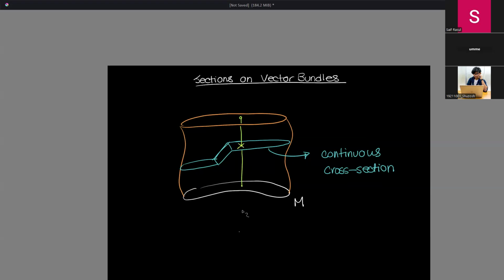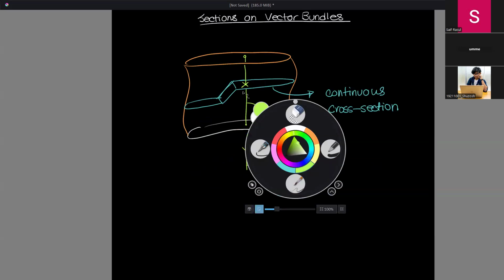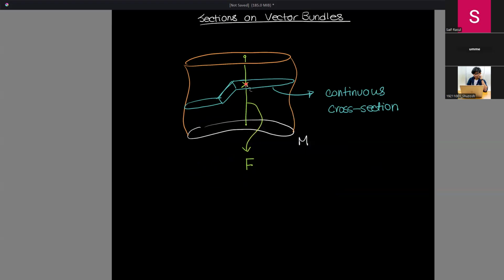But what is this fiber? It's actually a vector space F. So if the vector space is the entire line, then a single point, let's say this point, is a vector, right? The point is an element of a line. So the point being an element of a vector space, it's a vector. So this is a singular vector.